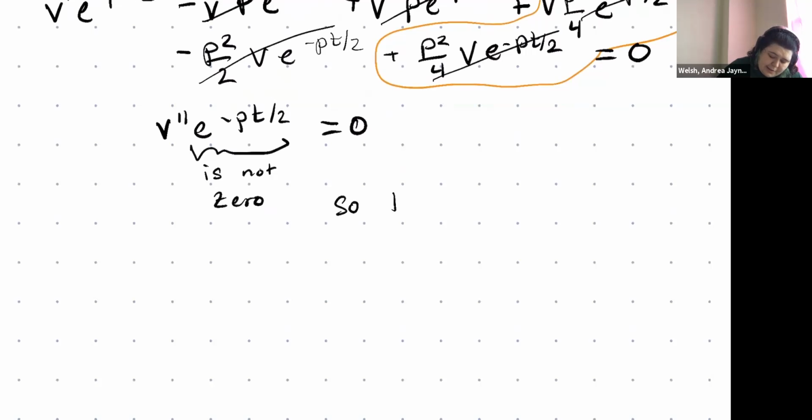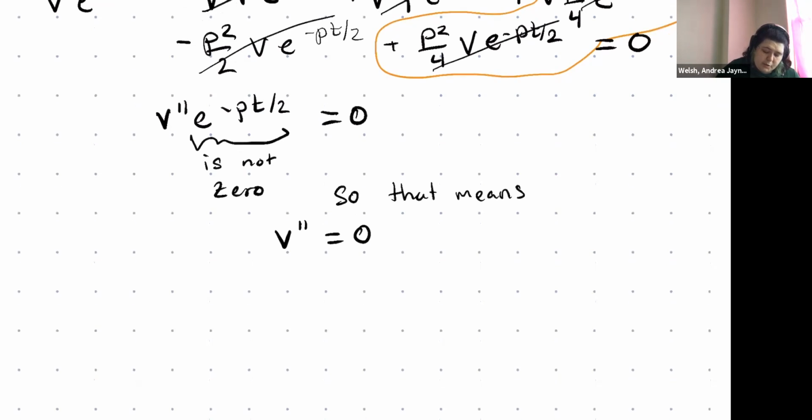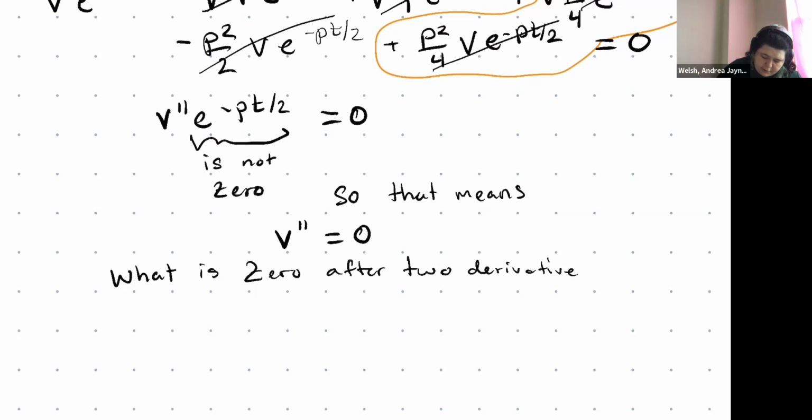So that means if I have the product of two things being 0 and one of them's not 0, that means that v double prime has to equal 0. So the question now that we have to ask is, what is 0 after two derivatives? So what sort of function is 0?